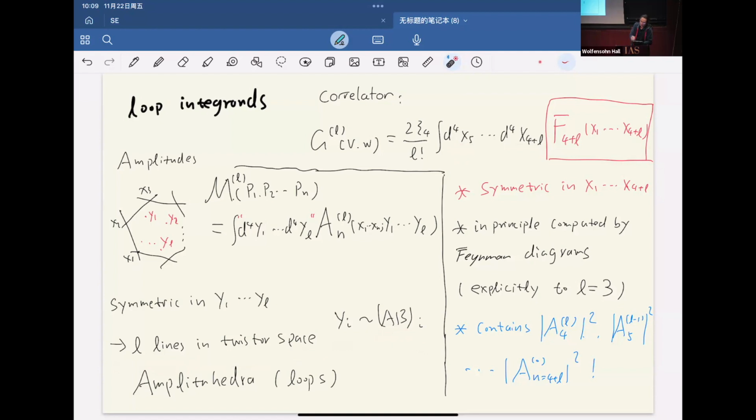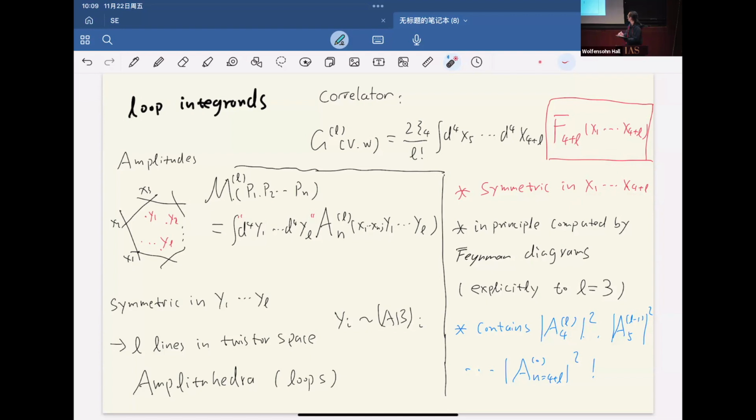Actually, after you strip off some prefactor, there's a beautiful result that people understood more than 10 years ago: this integrand, this f that depends on 4 plus L points, is a function that's completely permutation symmetric in all these 4 plus L points. And in principle, it is computed by Feynman diagrams. These Feynman diagrams are very, very complicated, even more complicated than the amplitude case.